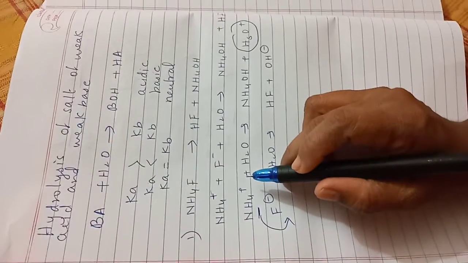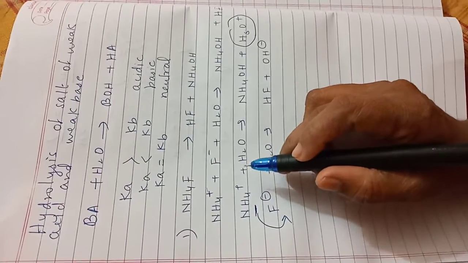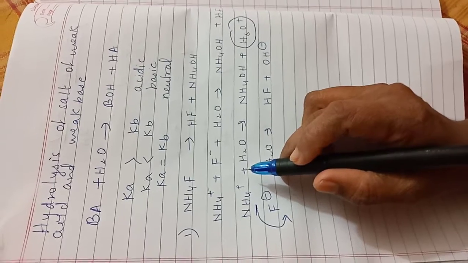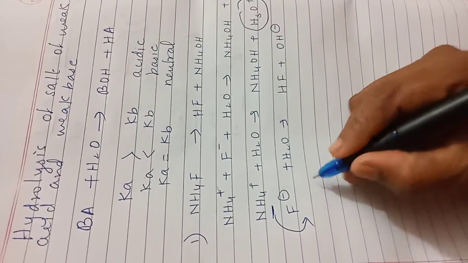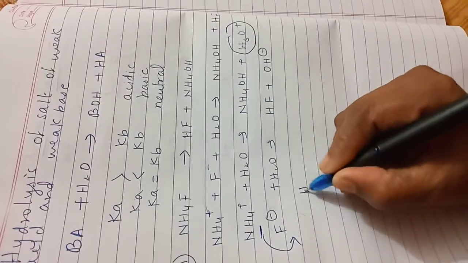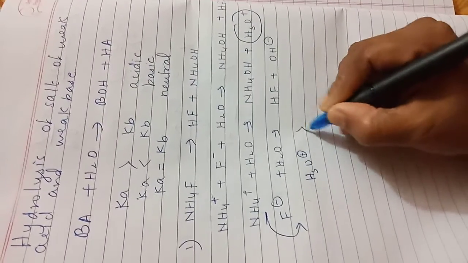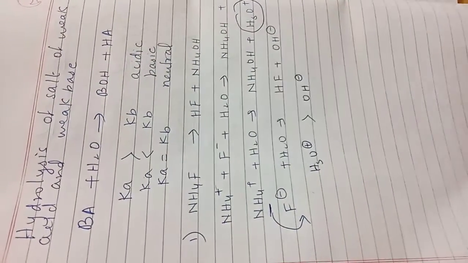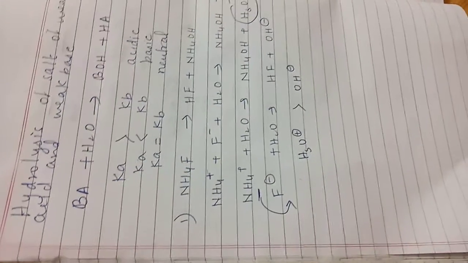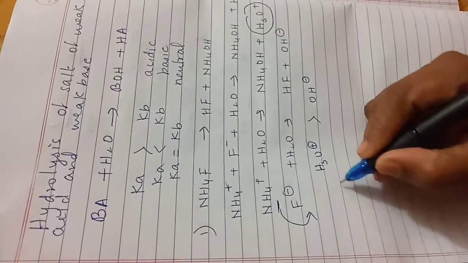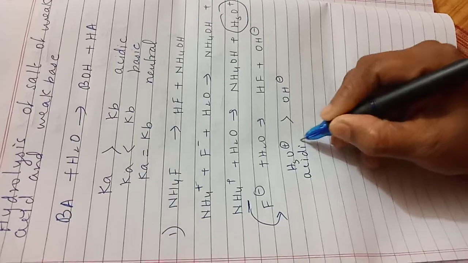Means ammonium ions undergo hydrolysis at a faster rate than fluoride ions. Therefore, the number of hydronium ions produced is greater than the number of hydroxyl ions, as the rate of hydrolysis of ammonium ion is more. Hence, the solution is acidic.